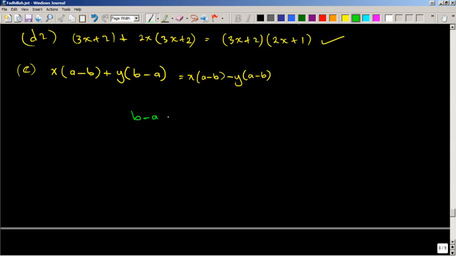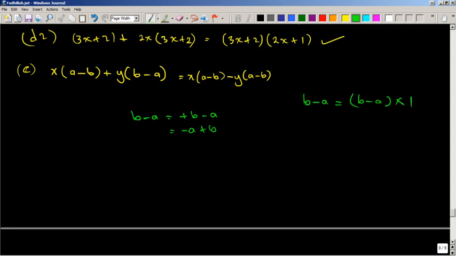B minus A. This is actually plus B minus A. It is also the same as minus A plus B. Okay, now B minus A, it is also the same as B minus A times 1. Can you understand or not? Are they not the same? B minus A times 1 is the same. Can you follow?